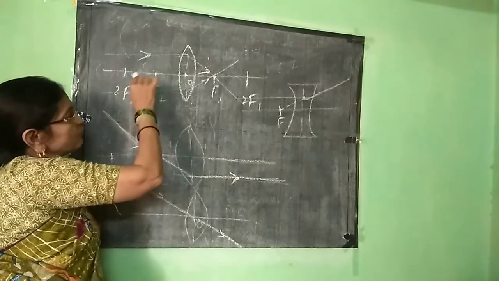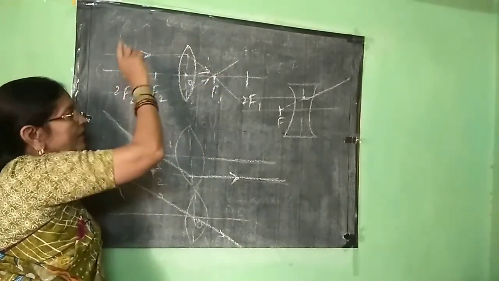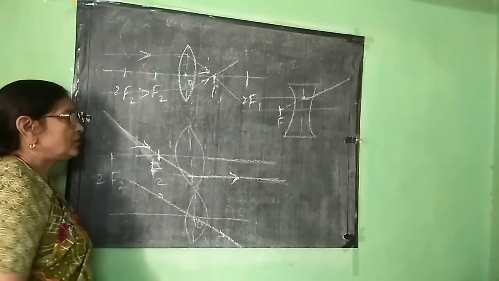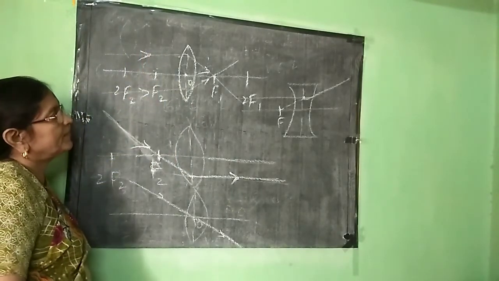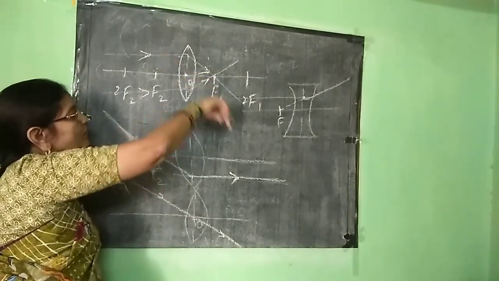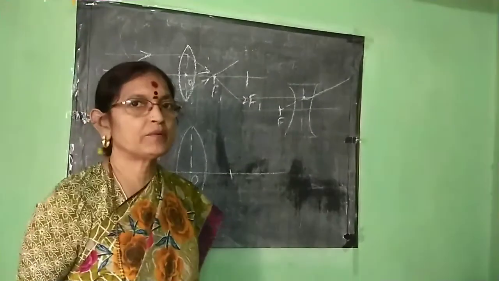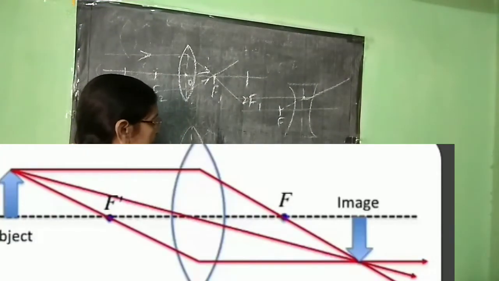Then, if the object is between 2F2 and F2, the image will be beyond 2F1, and if it is at F2, the image will be at infinity. In between the optic center and the focal length, it will form only a virtual image, in only one position, that is virtual, erect and magnified.